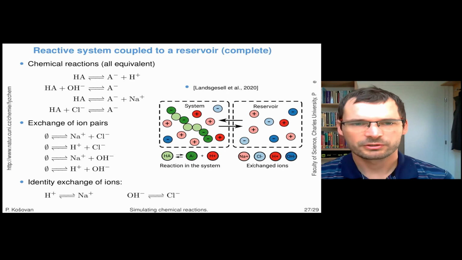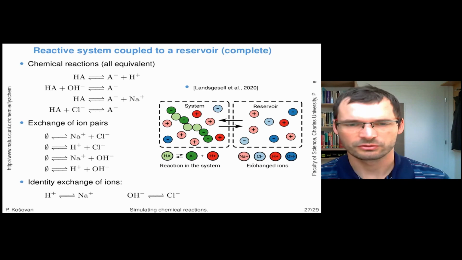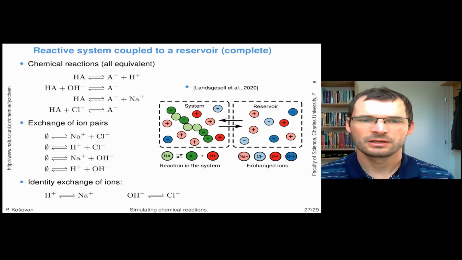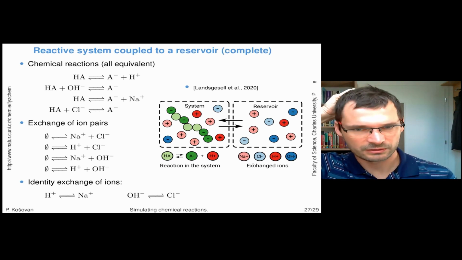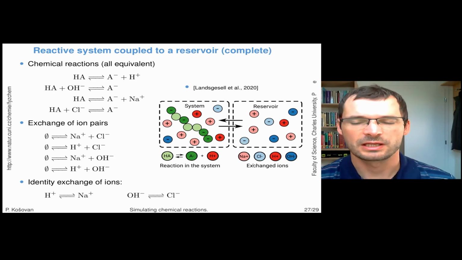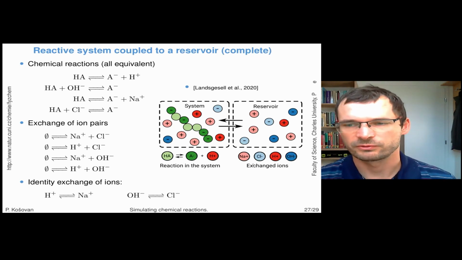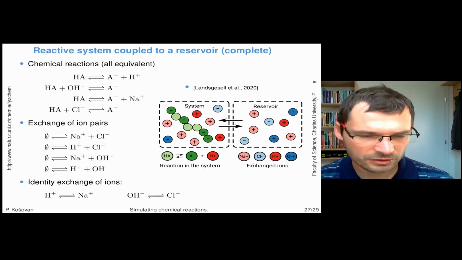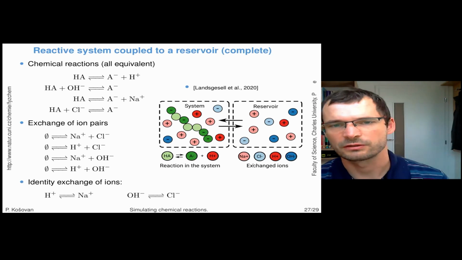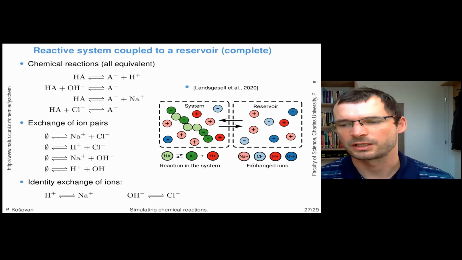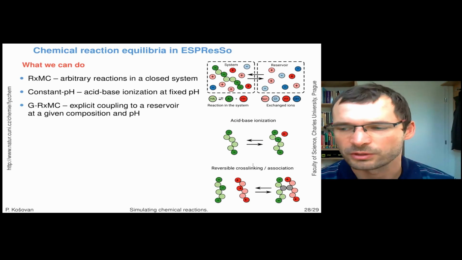The equilibrium constants of these reactions are not independent, so I have to set them carefully in order to make my simulation consistent. But if I do that, then I obtain a simulation method that is rather robust and able to simulate such a system in equilibrium with a reservoir in a very broad range of pH conditions, including the extreme values of very high and very low pH, where the concentration of H+ or OH- can be negligible, such that I would never observe these ions in my simulation box.